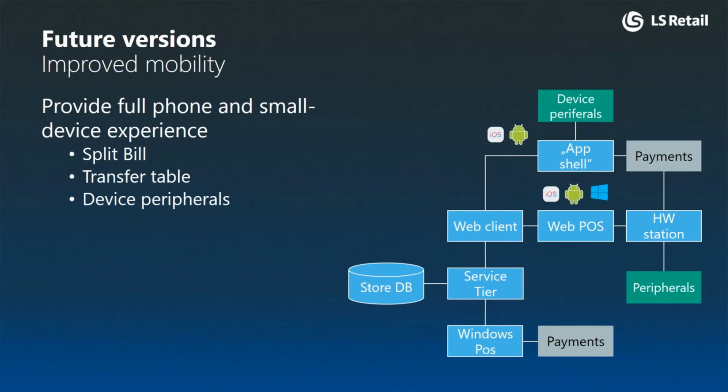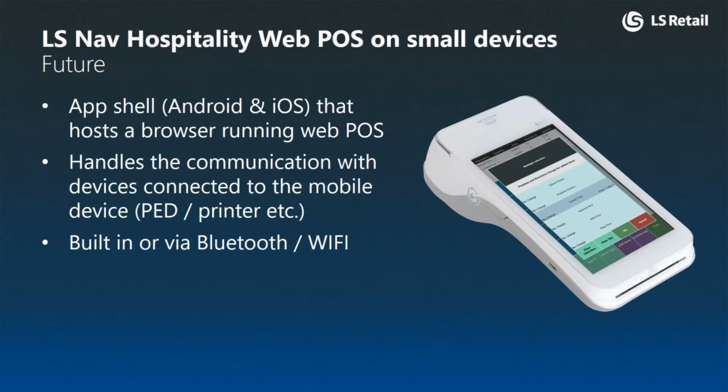So the App Shell will communicate directly with the device peripherals, and it is an app which will run on iOS and Android, and you can make payments. And this is an example of an integrated device, and the App Shell is an app which, as I said before, hosts the browser that the Web POS runs in.